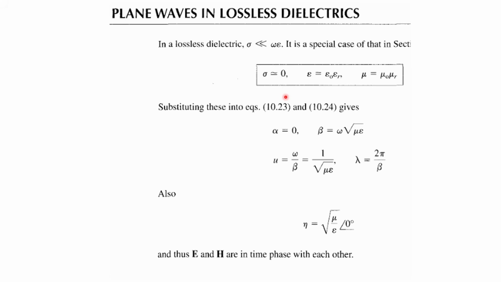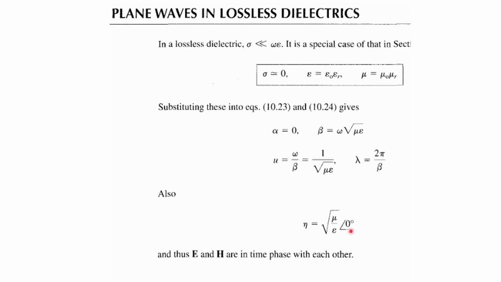There is no resistance, and the other parameters, epsilon and mu, that is permittivity and permeability, are there. Now put the value of sigma and find the values of alpha and beta using the equations we already discussed in the previous slides. You will get alpha equal to 0 and beta equal to omega square root of mu epsilon.